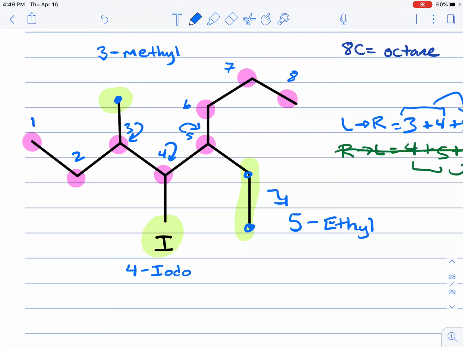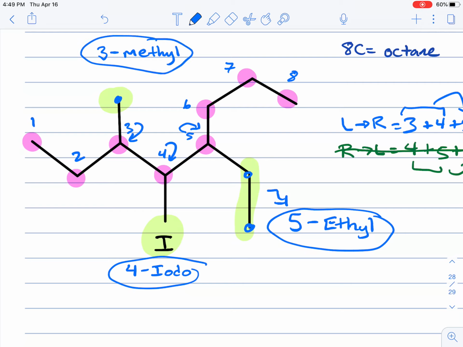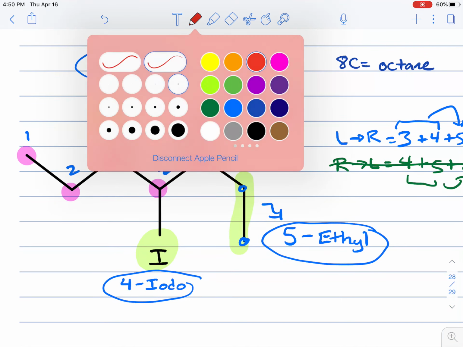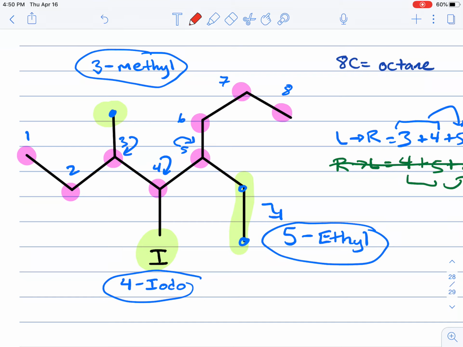Okay. So now that we have all of the pieces, we need to think about how we're going to organize them. I'll go ahead and circle this as well. We're going to think about how to organize our pieces so that we can name this organic compound properly. So just looking at the substituents, I'll go ahead and erase the blue for now. We have 3 different ones. We have iodo, methyl, and ethyl.